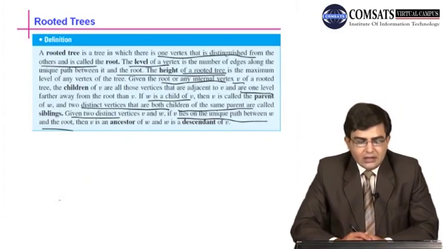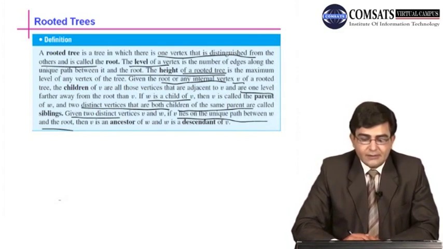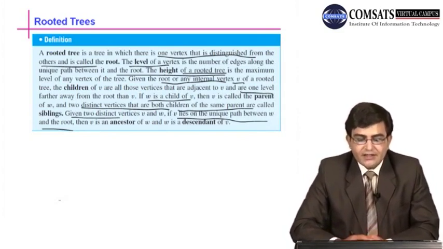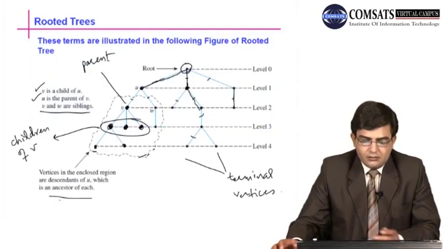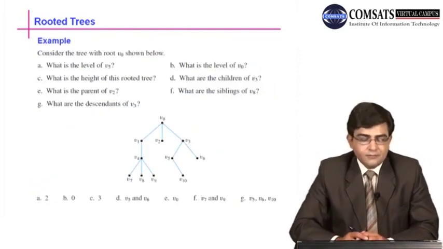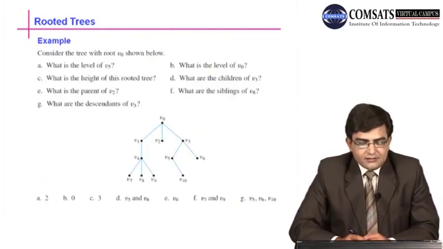So this is all. We have discussed all the main points in the definition with the help of this rooted tree. Now let's consider an example of this rooted tree. Consider the tree with root v0 shown below.